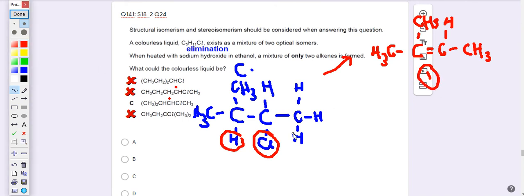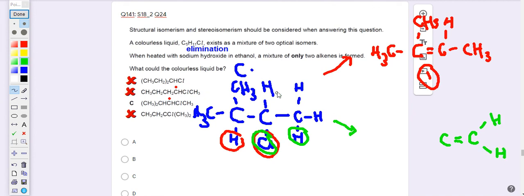Let's look at the other elimination. If I remove this Cl, and then I remove one hydrogen from the right hand side carbon, now I'll get a double bond between these two carbons. The right hand side carbon is now bonded to 2H.